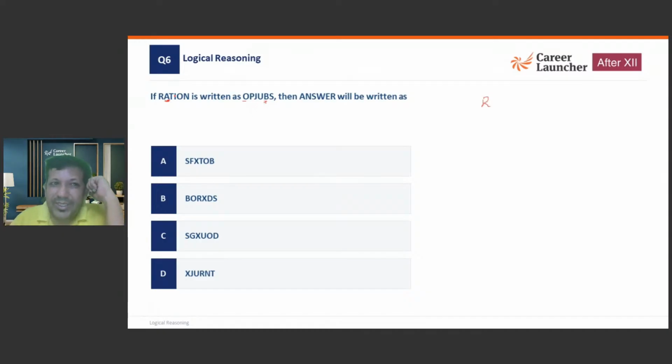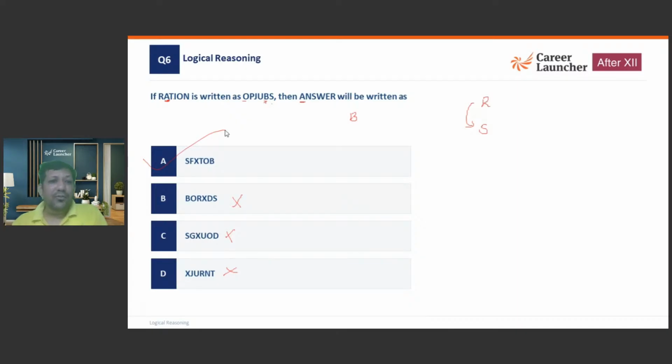So it should somehow be in the reverse order. R is going to be S. So R is going by 1. So it should be in the reverse order. A is going to be B, but it should be at the end. So this is eliminated, this is eliminated, this is eliminated, got the answer, and that is option A.